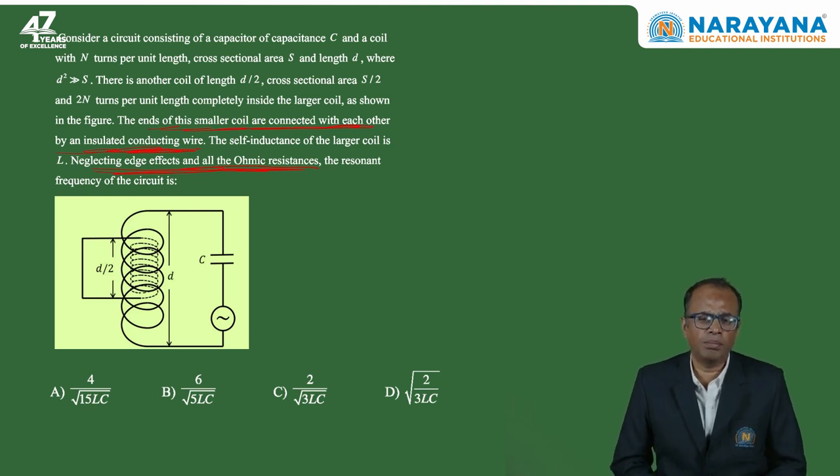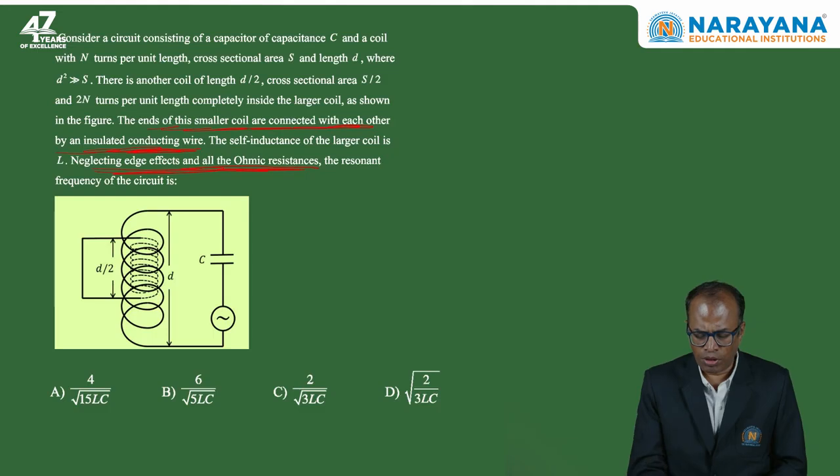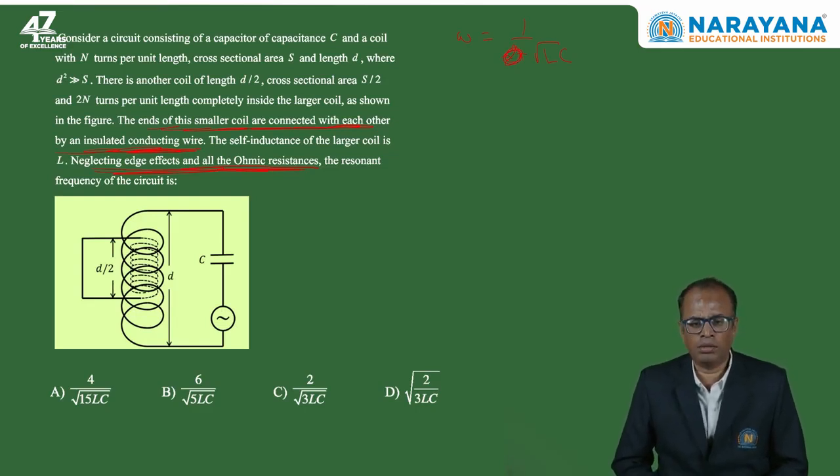And if I had simply an inductor connected with the capacitor, the resonant frequency omega is 1 by root LC. Sorry, not 1 by 2 pi, it is 1 by root LC. And now there is a catch in it. We don't have a simple inductor. Within that inductor, another coil has been placed.